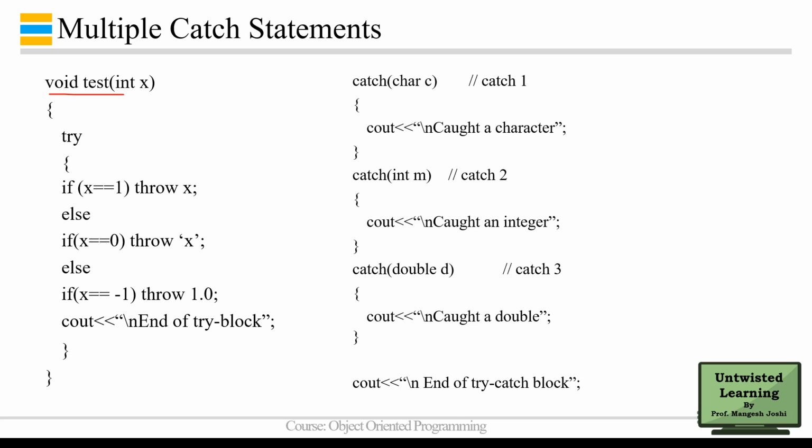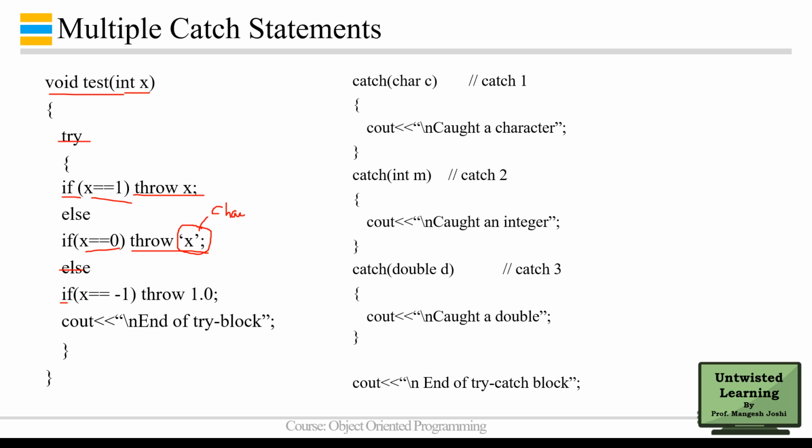Let us understand this with the help of an example. So you have a function test accepting one argument, an integer argument x. Now in the try block you have written if x compares with 1, then throw x, else if x compares with 0, then throw x. Now you can see here this x is a character because it is enclosed in single quotes, right?